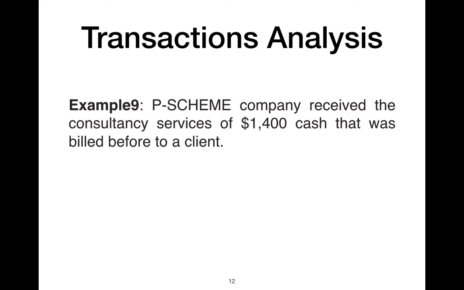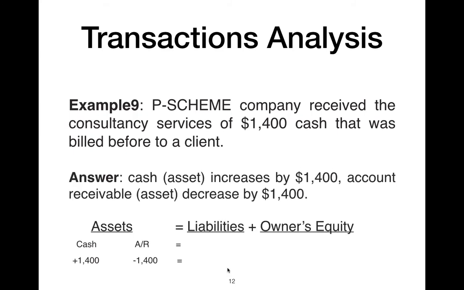The remaining amount of 1,400 was charged to the account receivable account because it was not collected in cash. Now, the company received this remaining amount of 1,400. Accordingly, the cash account increased by 1,400 US dollars, and the account receivable decreased by the same amount.